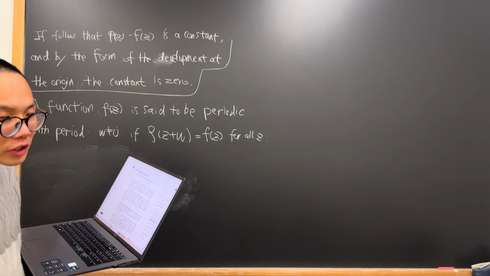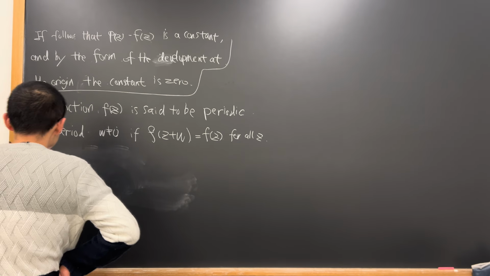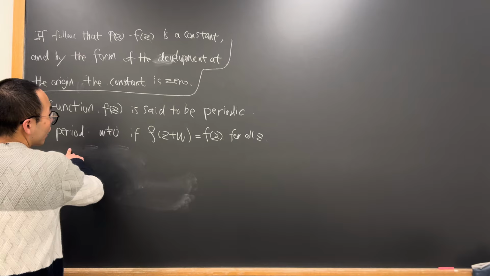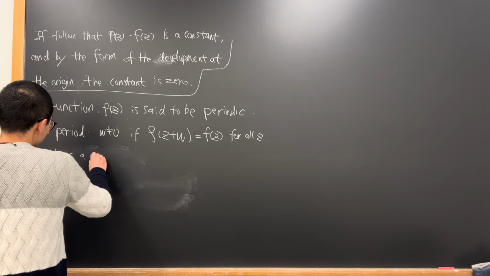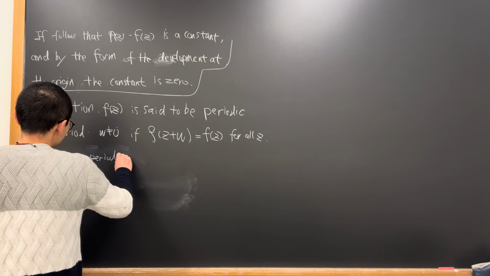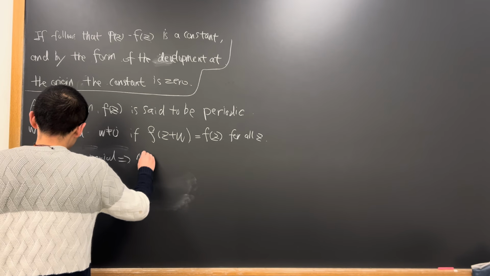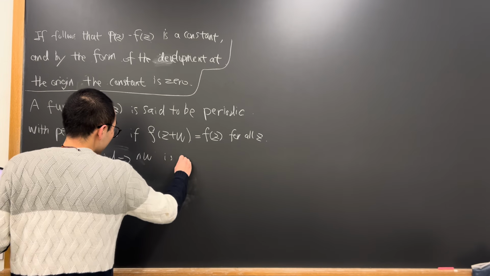You can show that by an induction argument. So omega is a period implies that n omega is also a period.